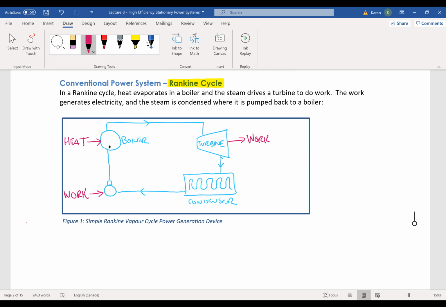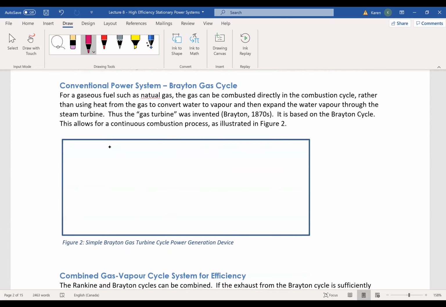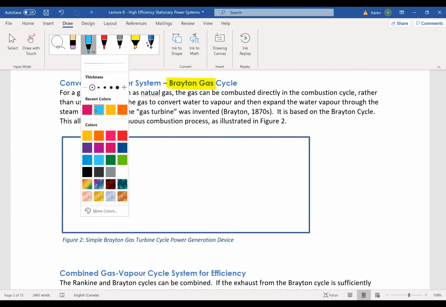So there's another type of system that is conventional, and that's the gas generator. So in a gas generator, for example, the Brayton cycle, if you remember from thermodynamics, you don't have to first burn a fossil fuel to make steam. You can burn the fuel directly.